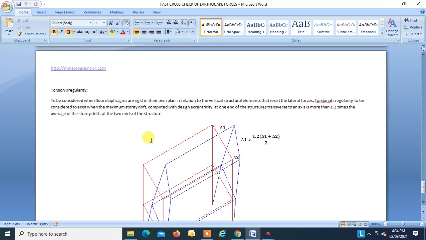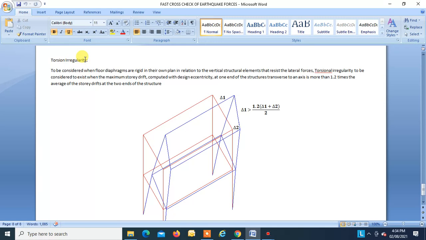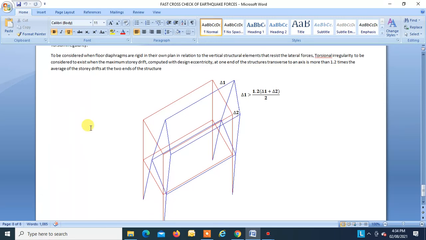Now a very important point given in the code is torsional irregularity, right? Code says, say we are having a lateral force in this direction. This point is displaced over here, and this displacement is delta 1; this point is displaced over here, and this displacement is delta 2.